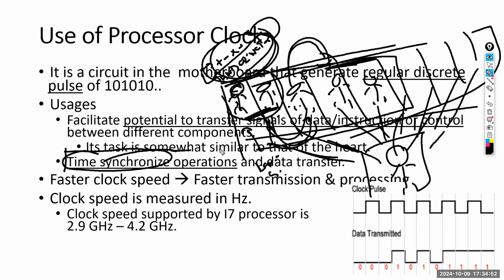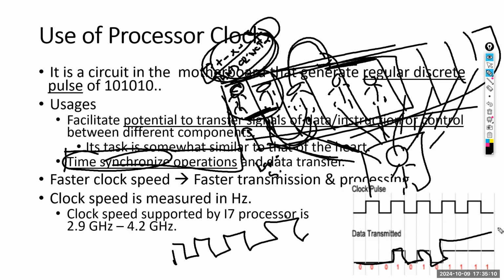This time synchronization happens according to the clock pulses. So the clock pulse therefore has two usages. One is time synchronization. Second is providing the potential to generate the data signals. So your clock is acting like your heart, generating these regular pulses.